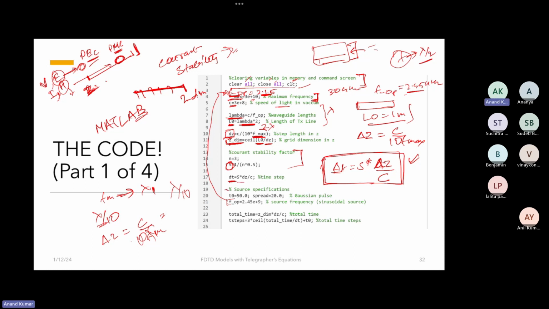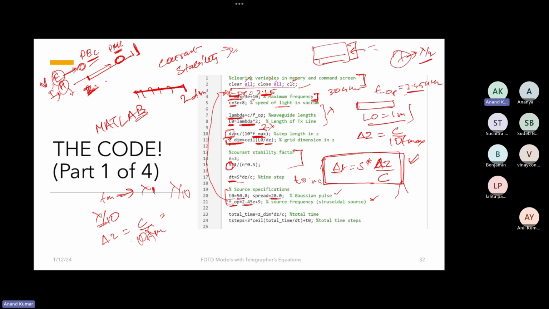Now about the source, you can use either a Gaussian pulse or a sinusoidal source. For the sinusoidal source I have just kept it as 2.45. If you are using a Gaussian pulse, you can write it in terms of time values in seconds, or over here I have just used some random values which I thought would look good in the simulation, which are t naught and the spread value.